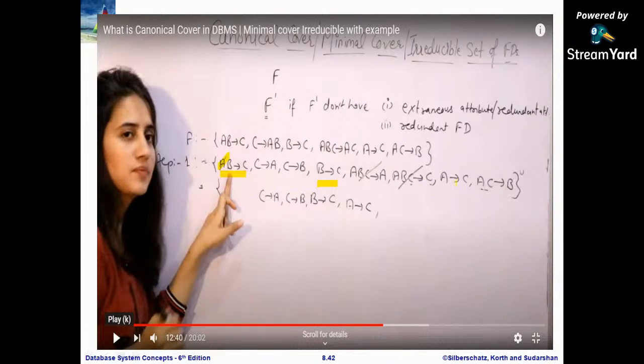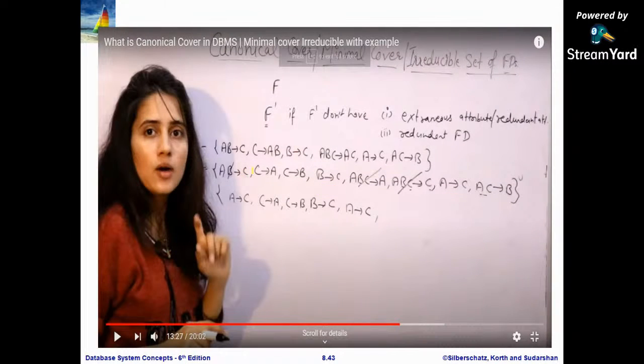Another student can see A tends to C: if A can determine C, B is not required, and that student will remove B. So every student will get a different combination. I am going for B tends to C, so I am removing A and I am left with B tends to C. Or it can be A tends to C as well.